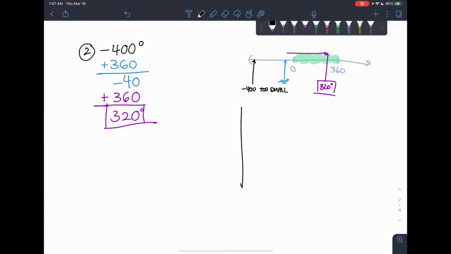Now, when we sketch this out, 320 degrees, again, it's going to be between 270 and 360. So it's going to be right around here.